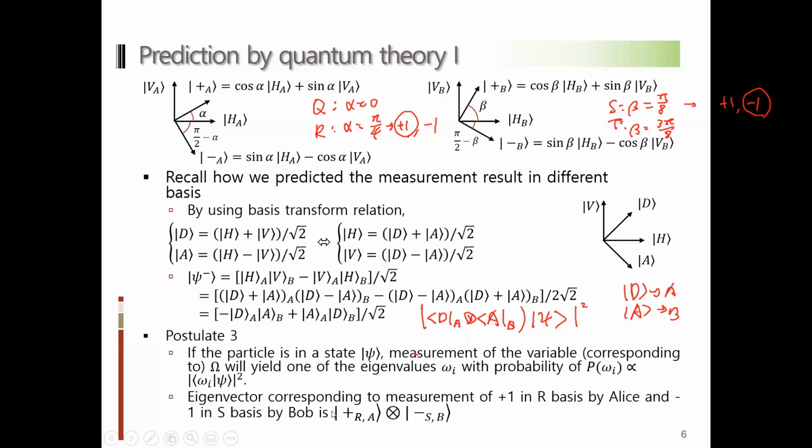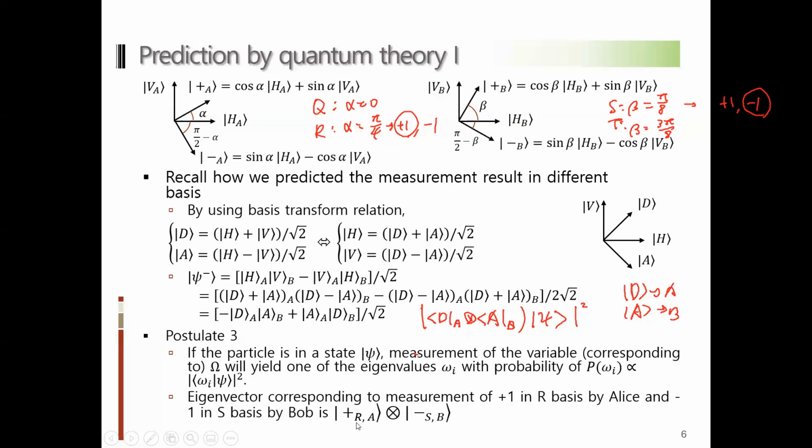So if I write down the basis on Alice's side, in the R basis, I'm interested in the probability to measure +1 on Alice's side and -1 on Bob's side.